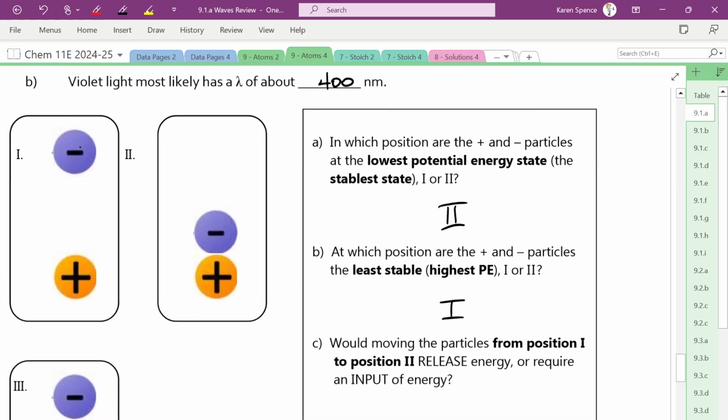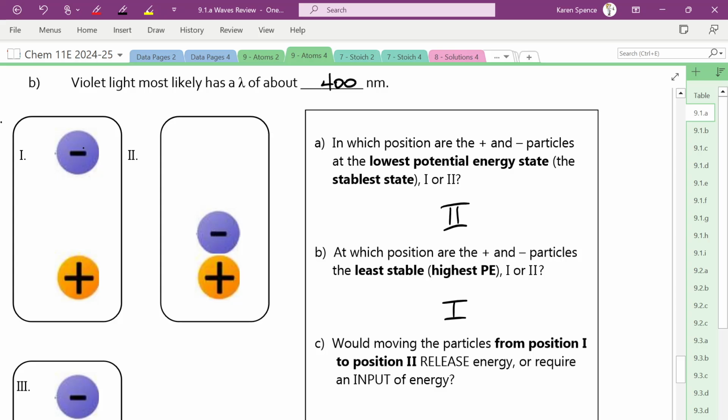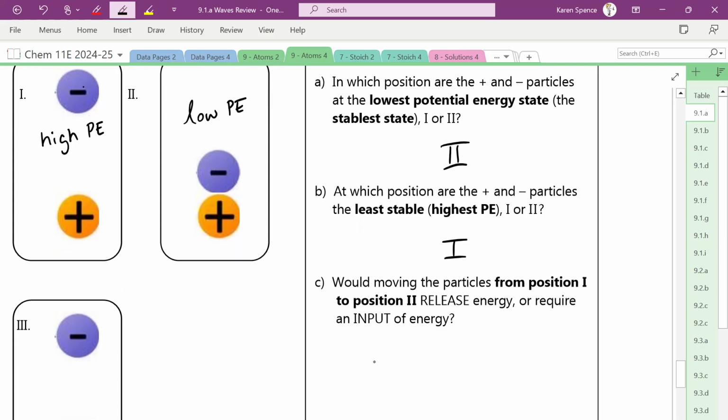So as we go from position 1, which is high potential energy, to position 2, which is low potential energy, are we going to release energy or are we going to require an input of energy? We're going to release energy, yes?